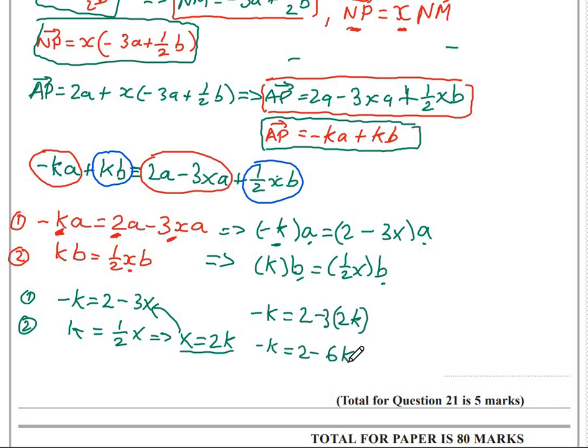Now I can add 6k to both sides, which gives me 5k equals 2, and k equals 2 over 5. That's our answer.